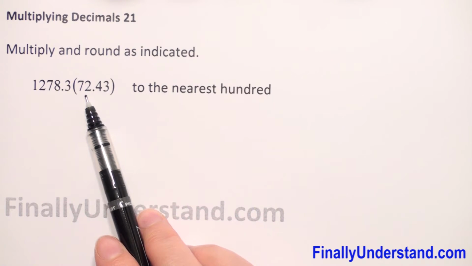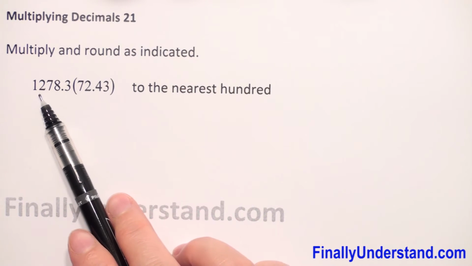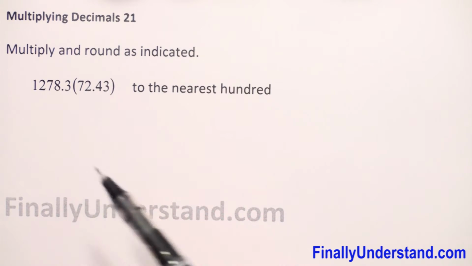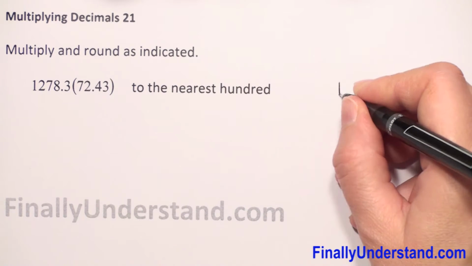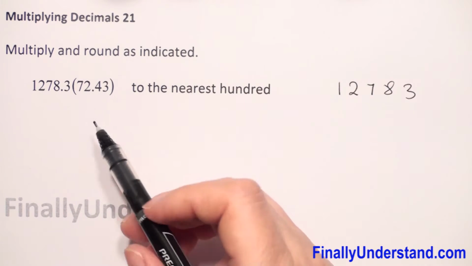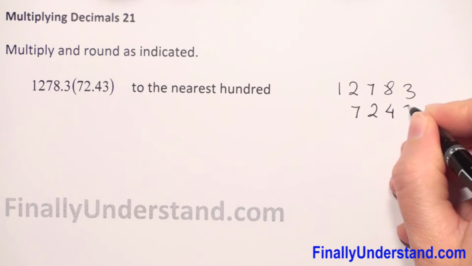And what else? Always on the top, I write the number which is greater. So the first number has 5 digits, so it will be greater. So we have 1, 2, 7, 8, 3, and the second is 7, 2, 4, 3.